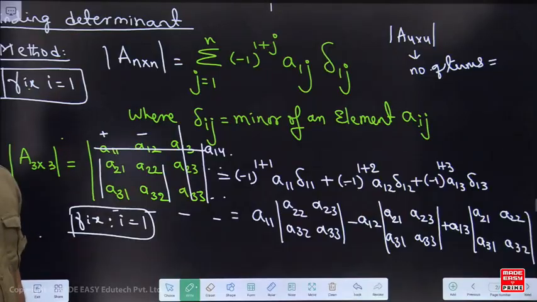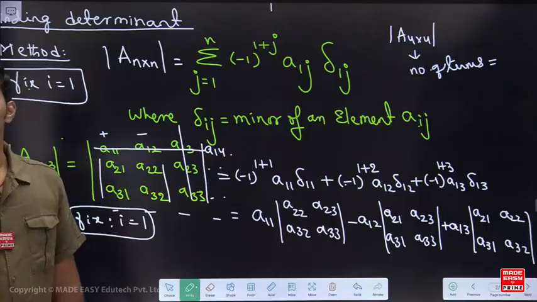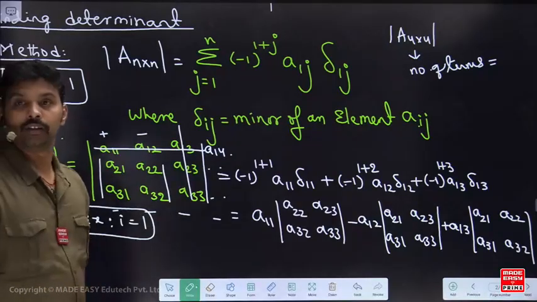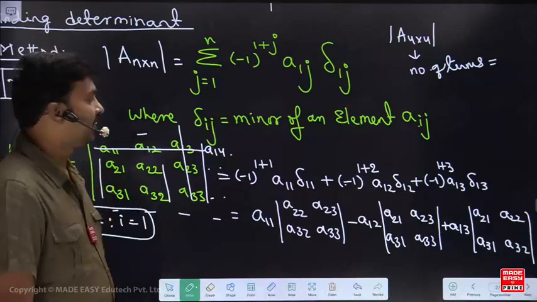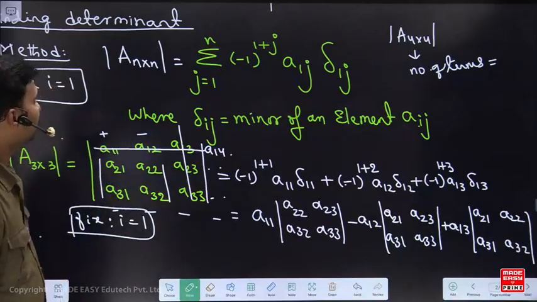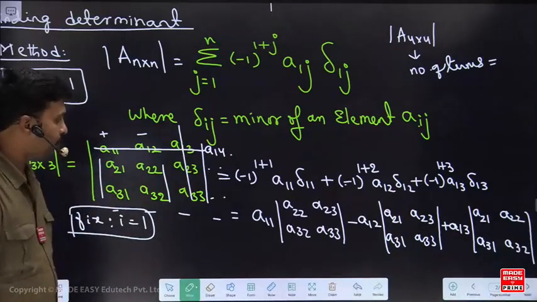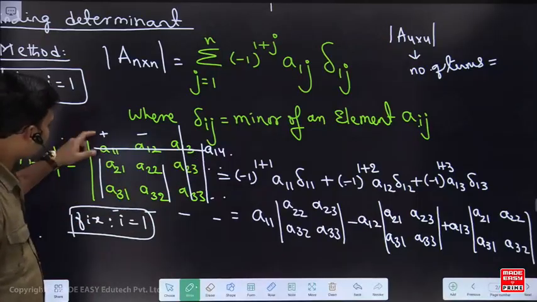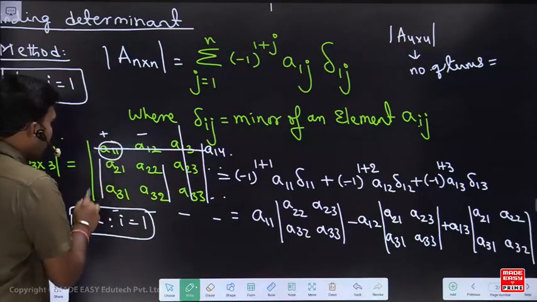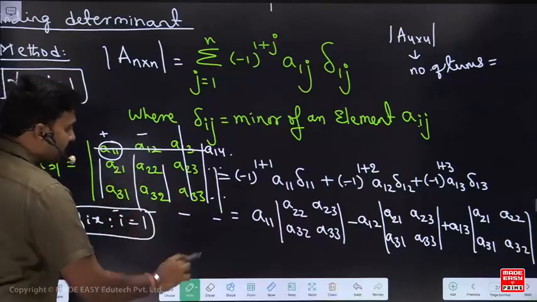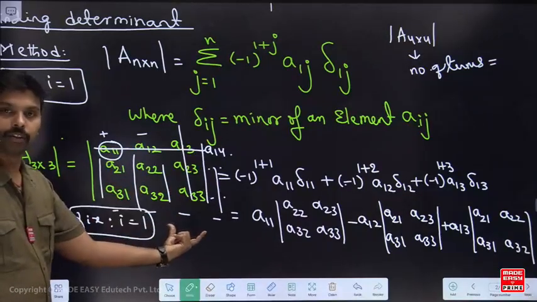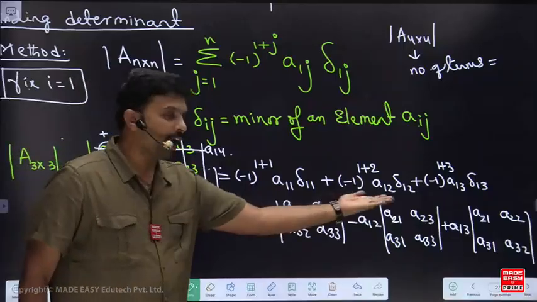6 is the correct answer for 3 by 3. Correct. Very good. Some of the students have given 4 factorial. Okay beta. See, in a 4 by 4 matrix, if you fix the first row, if you take one element and multiply by its minor, the minor will be 3 by 3. For a 3 by 3 you already have 6.